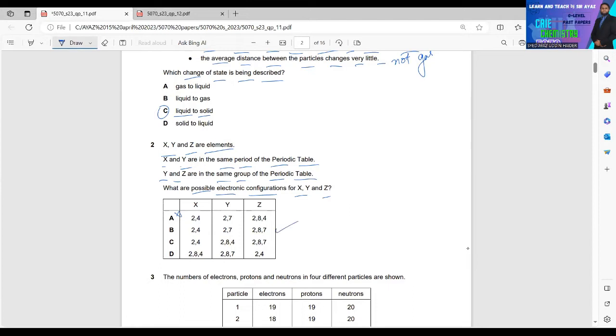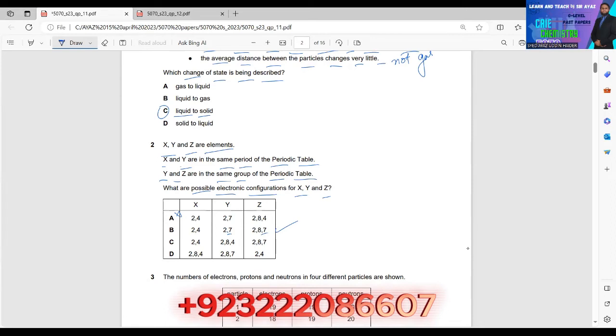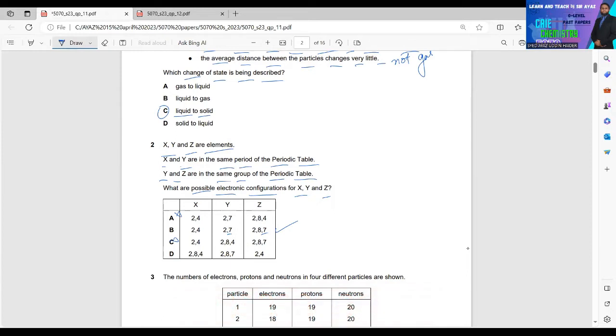B can be the correct answer because the number of electrons for Z and Y are the same. What about C? C is also incorrect because again, the number of valence electrons is different. What about D? In D also, the number of valence electrons is different. As you can see, in Y it's 7, in Z it's 4. So B must be the right answer for this question.